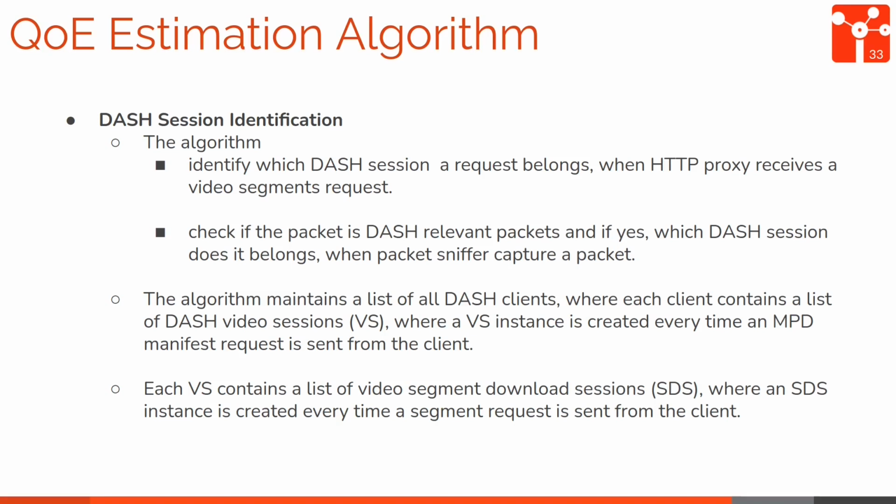So for this, their proposed algorithm identifies which DASH session a request belongs to when the HTTP proxy receives a video segment request, and it checks if the packet is a DASH relevant packet, and if yes, which DASH session it belongs to when the packet sniffer captures a packet.